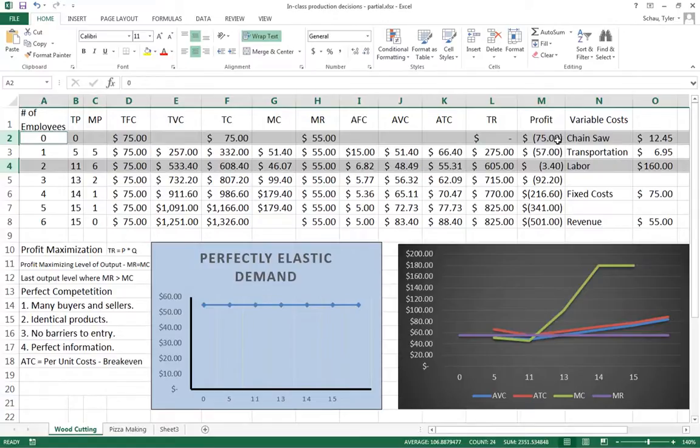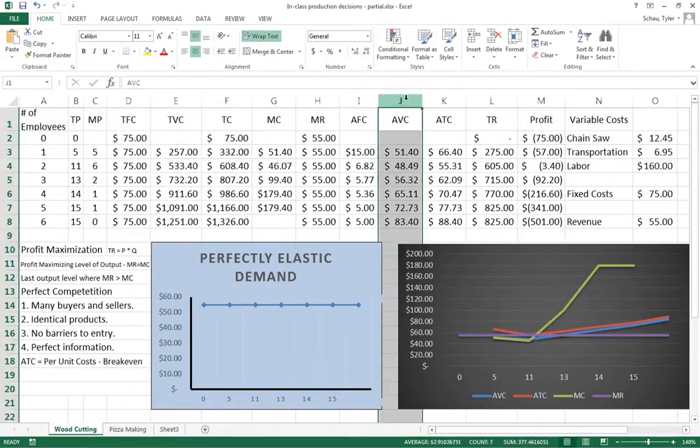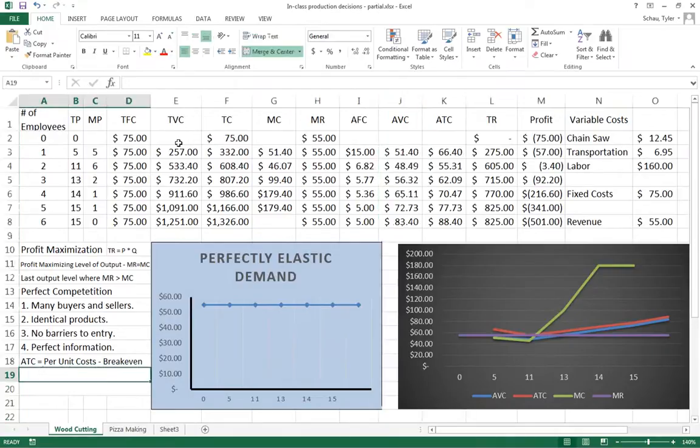Okay. There is a point at which I might go ahead and close my doors and shut down, and that point's going to be, we go back to average variable cost. So this column here, if average total cost was per unit costs, average variable costs are going to be per unit variable costs.